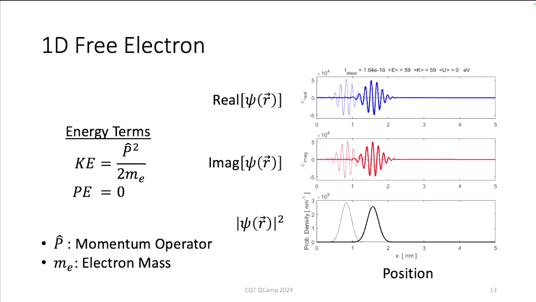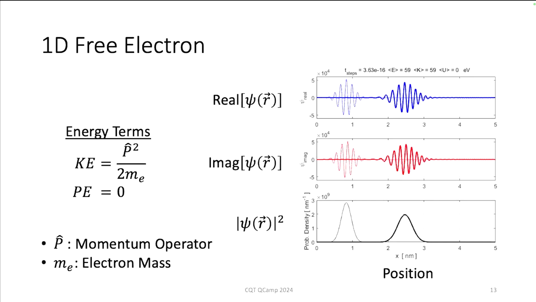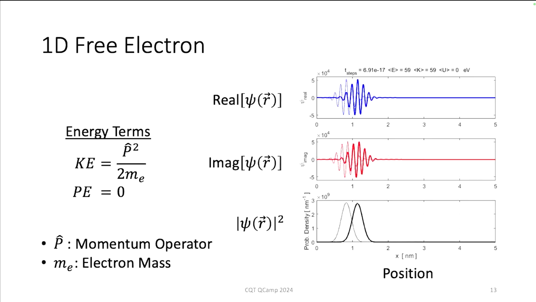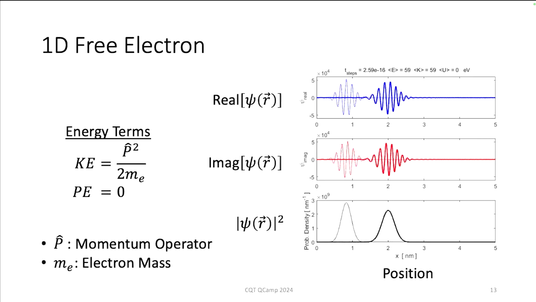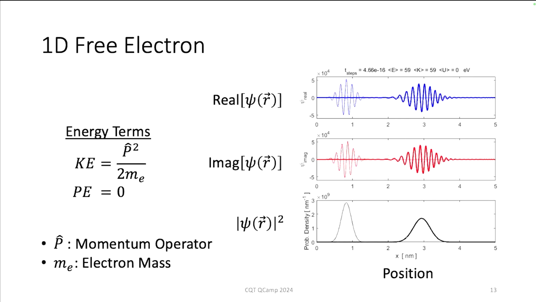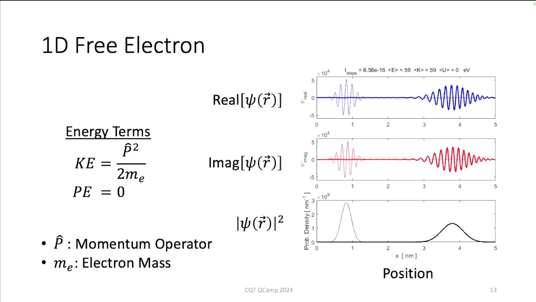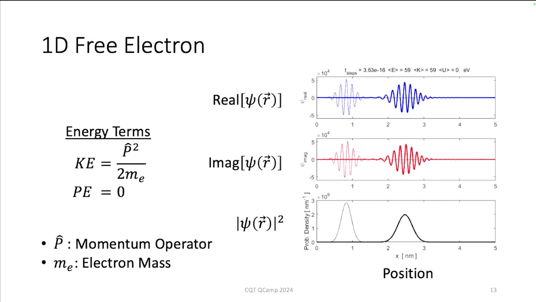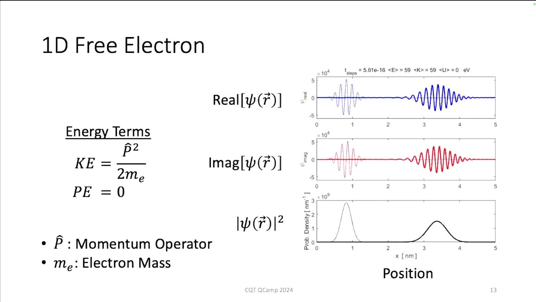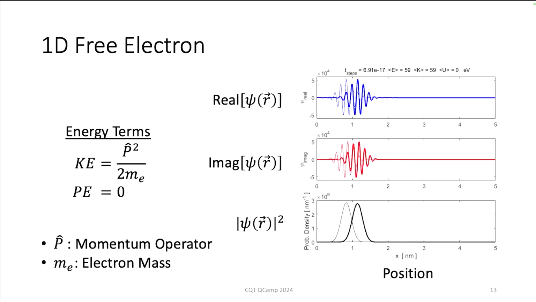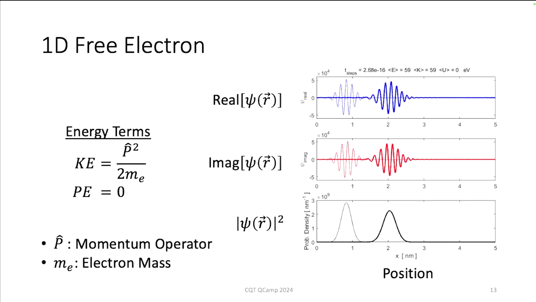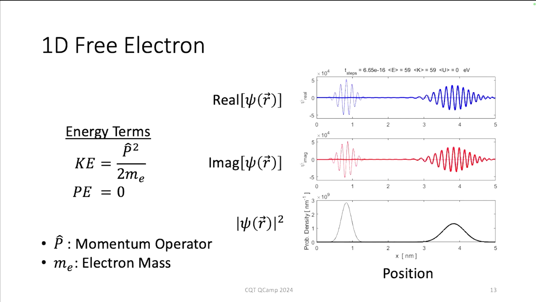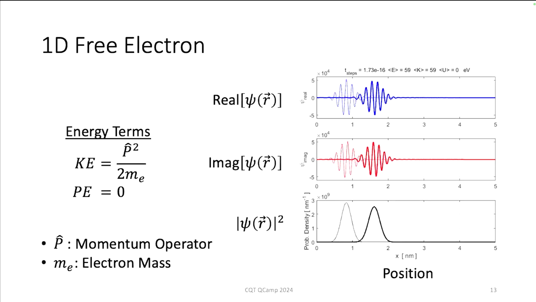If you take the modulus square of the wave function, it gives you the probability density of finding the electron at a certain position. One thing to notice here is that as the electron moves across from the left to the right, the wave function actually spreads out. That is because the electron has a superposition of multiple momenta, multiple velocities.